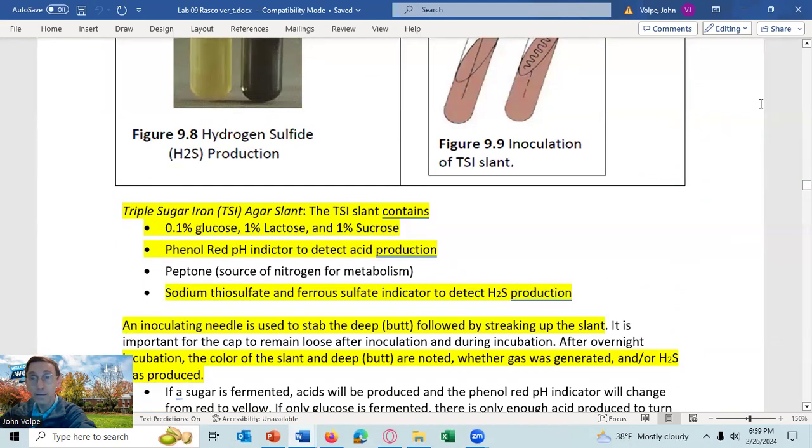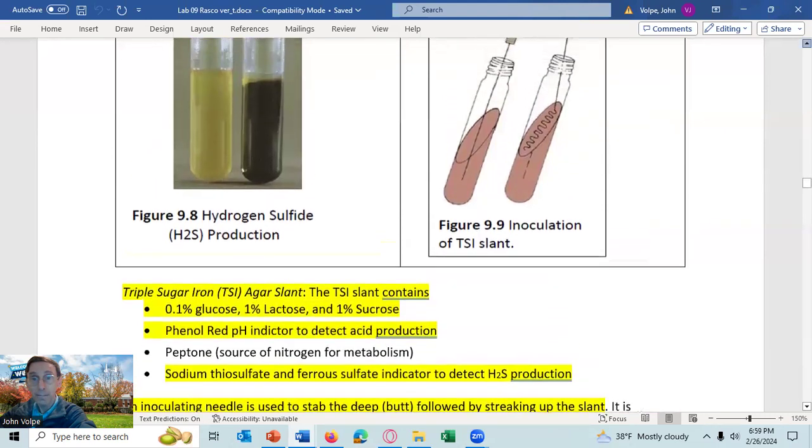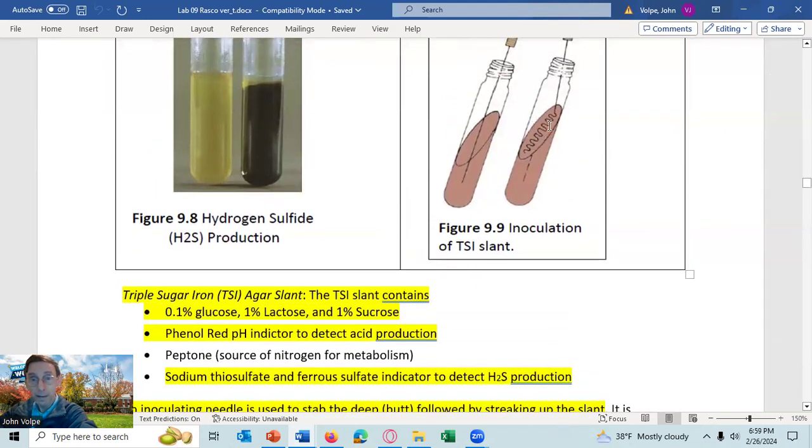If we inoculate the slant to get bacteria to grow on it, that will be looking at aerobic growth. And we'll also be looking at anaerobic growth on TSI. You then look to see the color of the media in both the slant and in the butt, and they can differ, as well as the black precipitate.